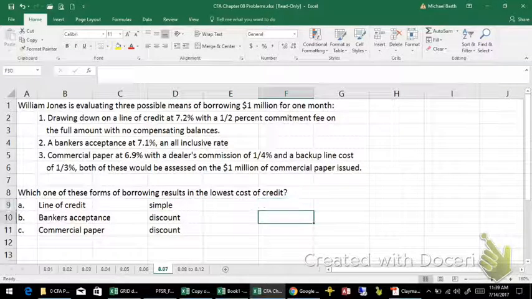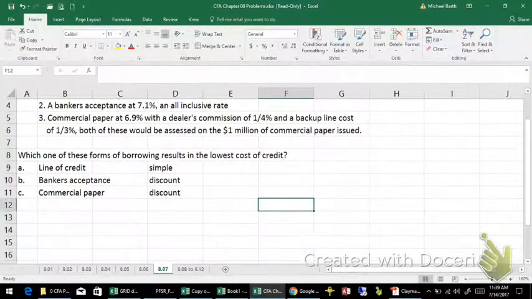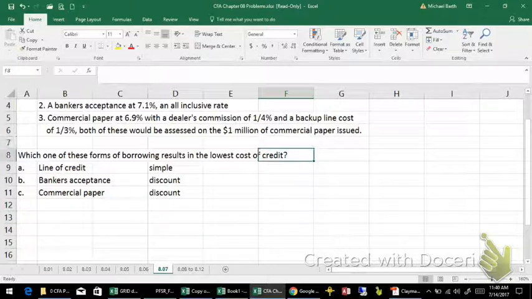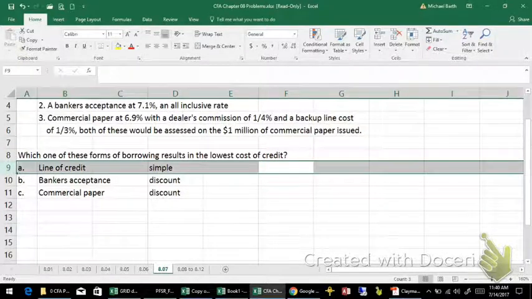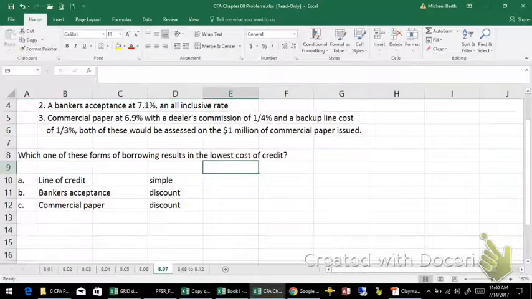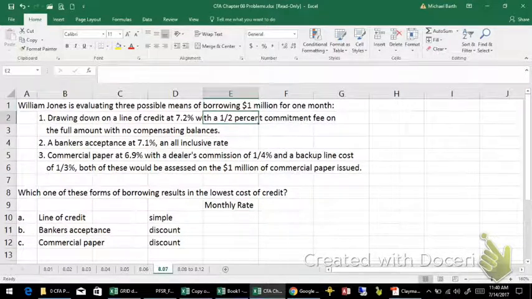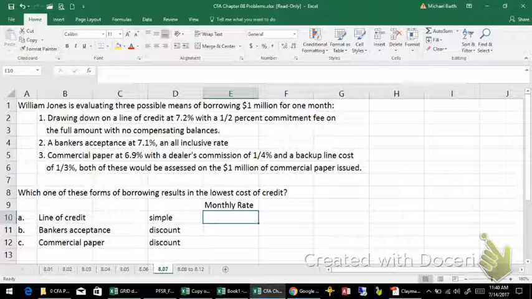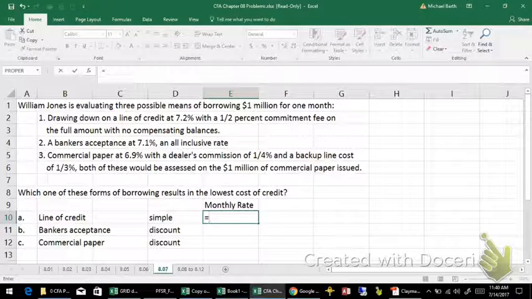All right, so to calculate these costs, I'll get the monthly interest rate for each of these. Interest rates are quoted on an annual basis. The interest rate for the line of credit is 7.2% a year.